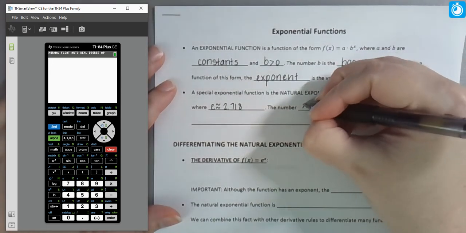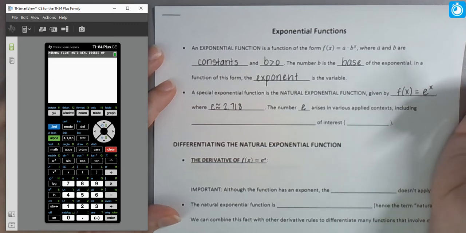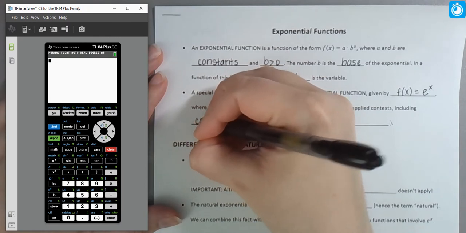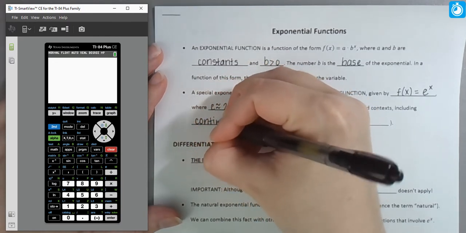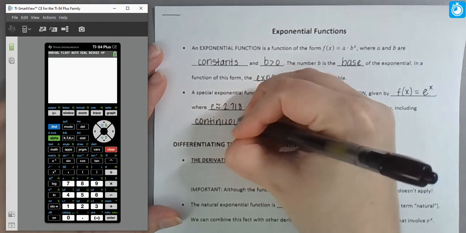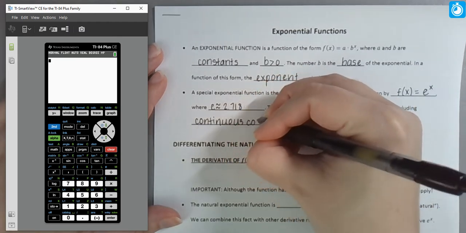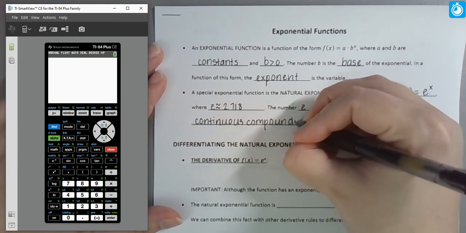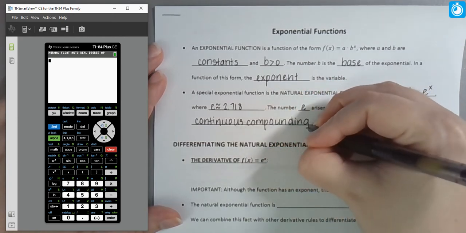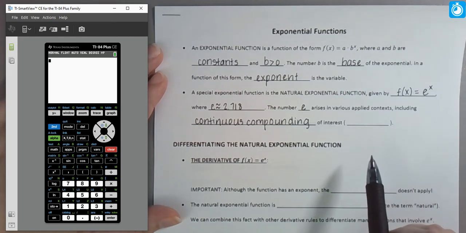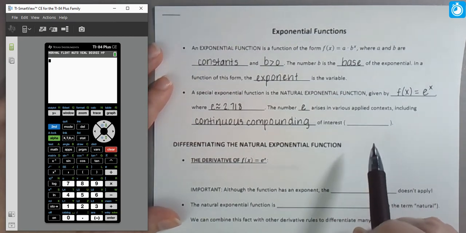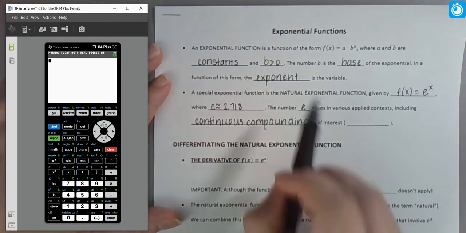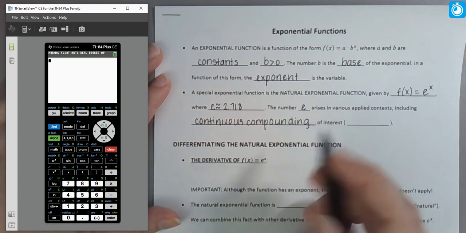The number that we're calling e arrives in various applied contexts, including, and probably most importantly for our purposes, continuous compounding. If we're talking about a financial account that is subject to interest, where interest is continuously compounded, that's one of the places where we encounter this value e.